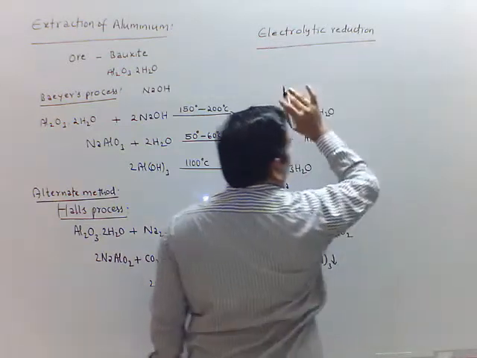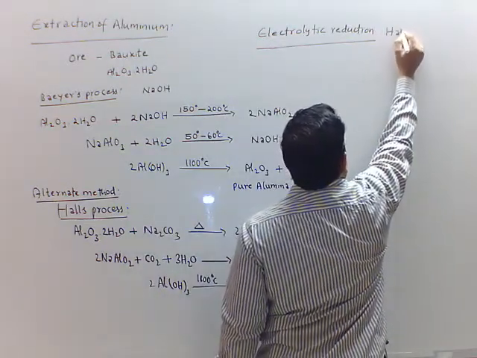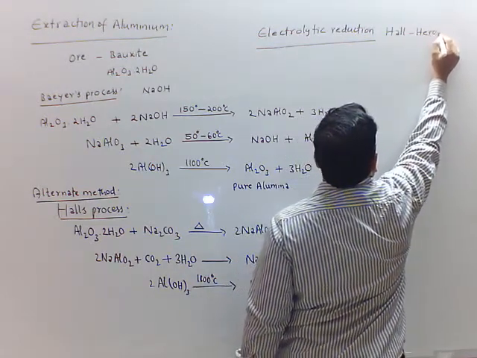This electrolytic reduction is also called the Hall-Héroult process.